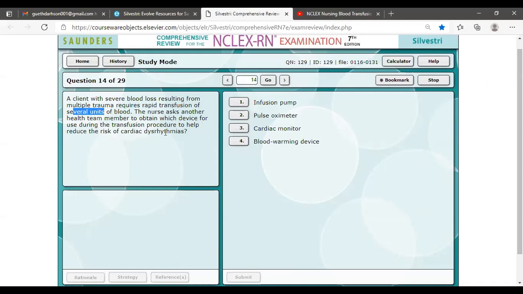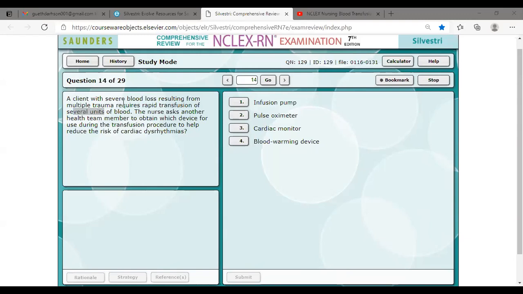When we get the blood from the blood bank, it will be cold, but cold blood you do not give to the patient directly. Your patient needs rapid blood to save the life, and they need several units of blood to save the life.